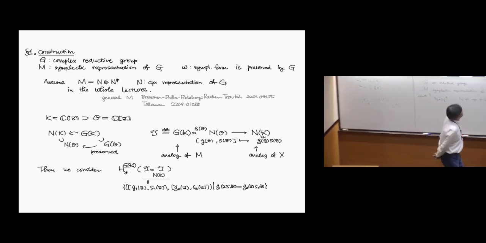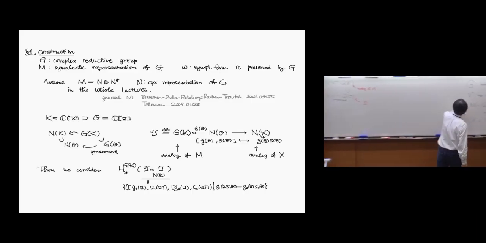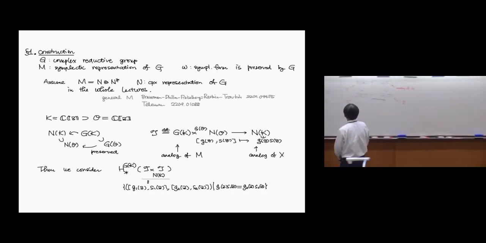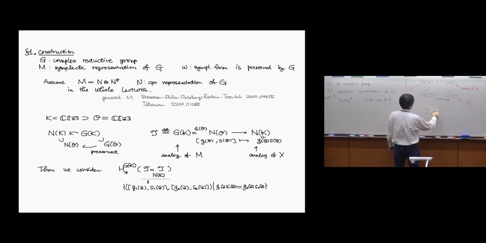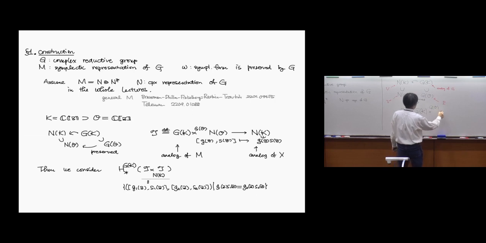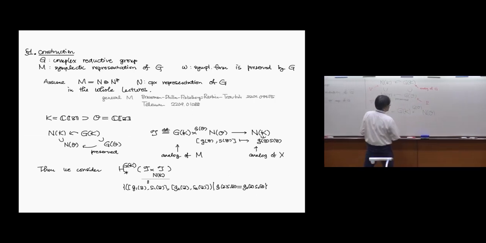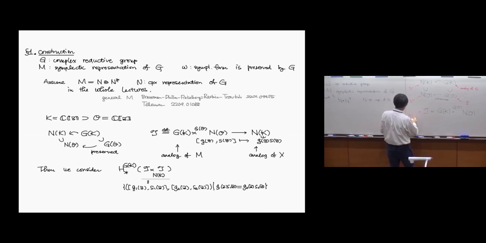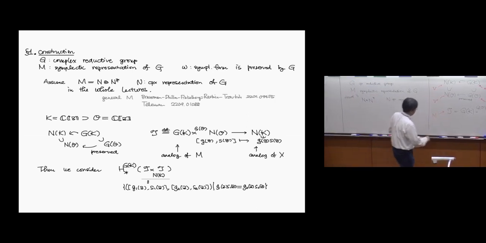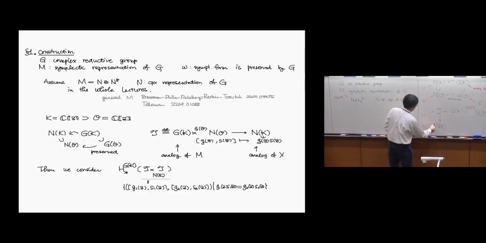Okay. Then, for some reason, instead of M, I denote it by T. So T. So this is analog of M. And then you have projection to N of K. So this is analog of X. Right.